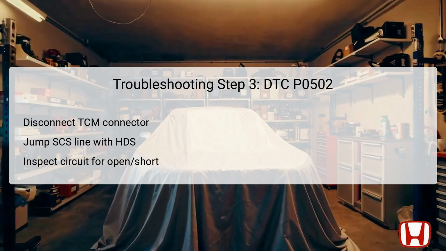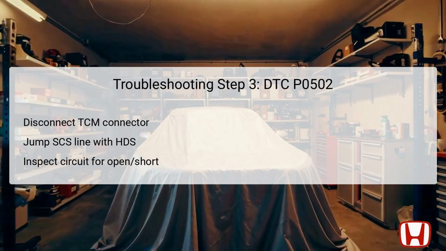For the third step, the TCM transmission control module connector needs to be disconnected to facilitate a thorough inspection of the wiring and circuit integrity. Prior to disconnecting, it's essential to jump the short circuit SCS line using the Honda Diagnostic System HDS and wait for more than 1 minute. This allows for accurate readings by resetting any previous DTCs.